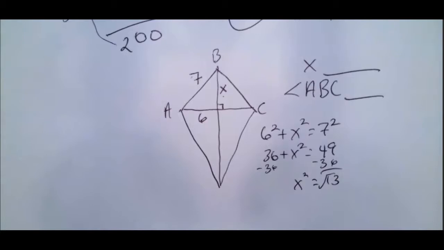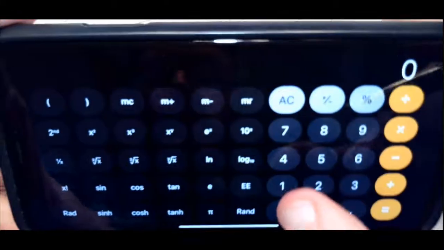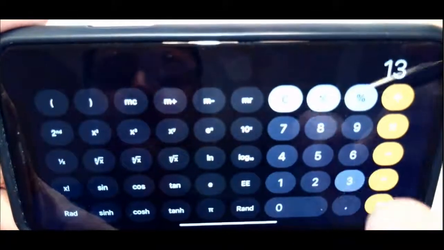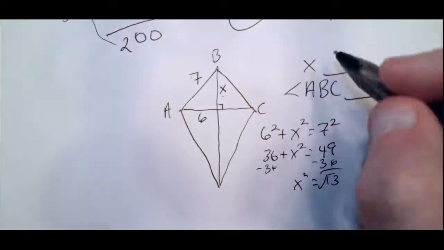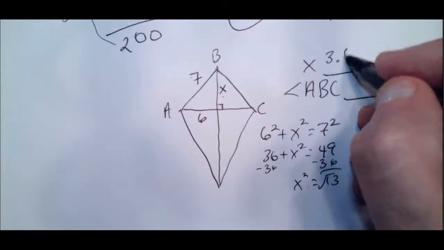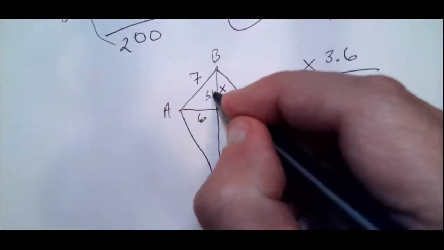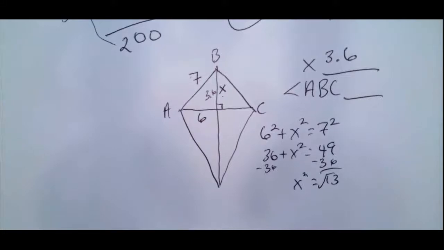Now let's use our calculators to find the square root of 13. So the square root of 13 is 3.6. So X is 3.6. Notice I didn't draw that to scale. All right, so that's how you would find a side. You might have to use trig on it.